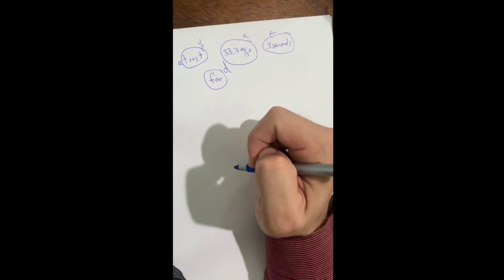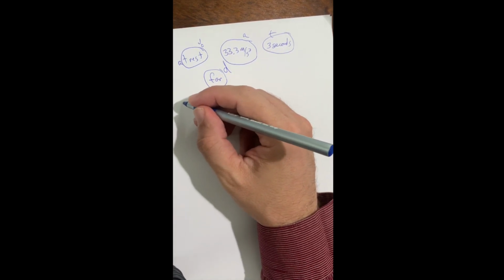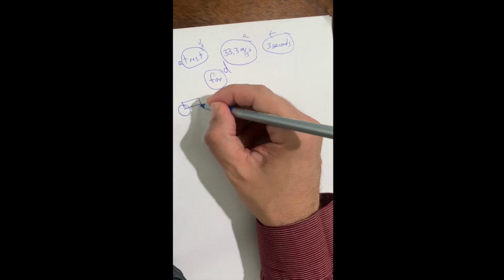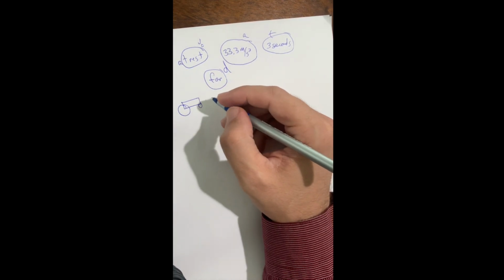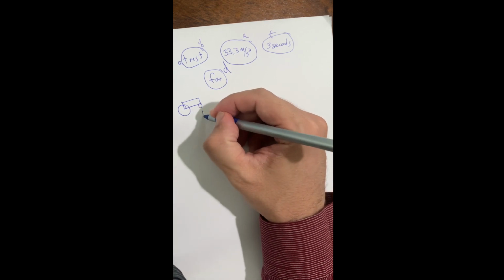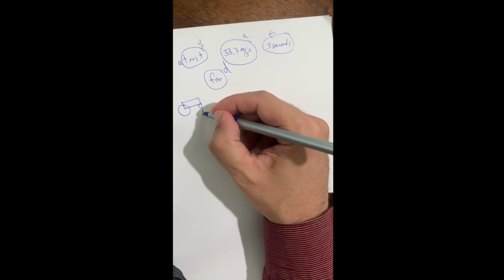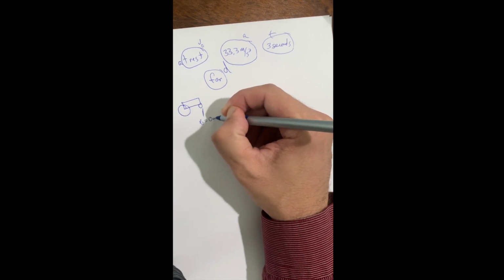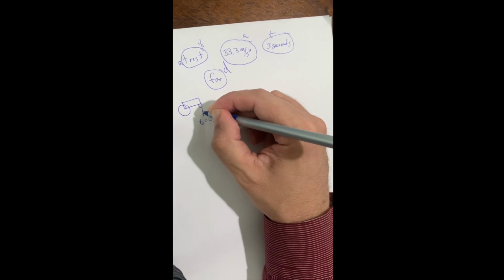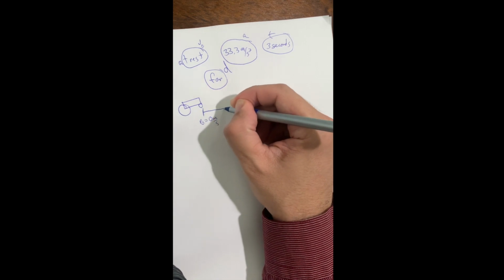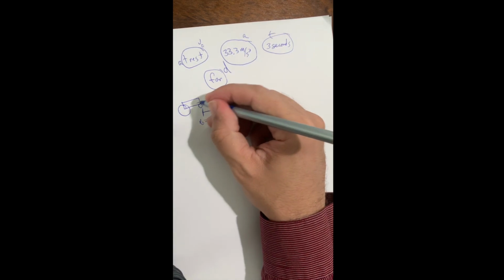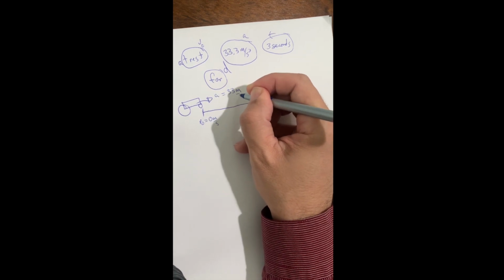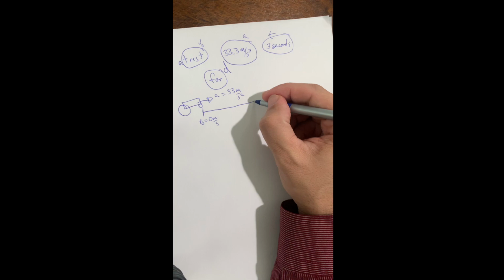Okay, so now I'm going to draw this picture. So my drag racer, guess what? Looks just like a regular car, except it's got a big back wheel and a small front wheel. And it's going to start at rest, so let's label that V0 equals 0 meters per second. And we're going to get the green light, ready, set, go. And it's going to accelerate, draw that acceleration arrow, 33 meters per second squared.